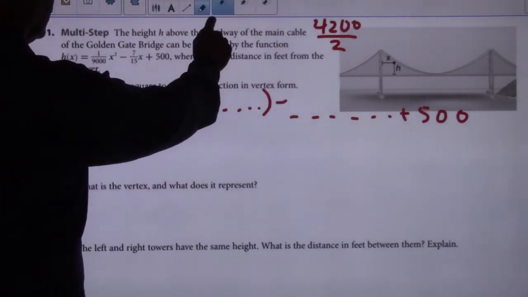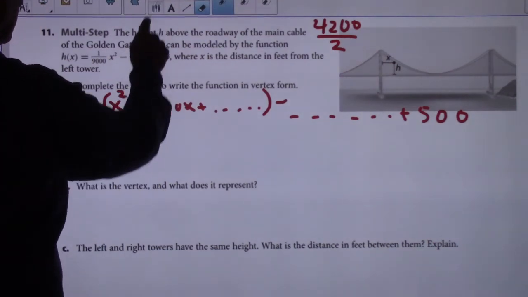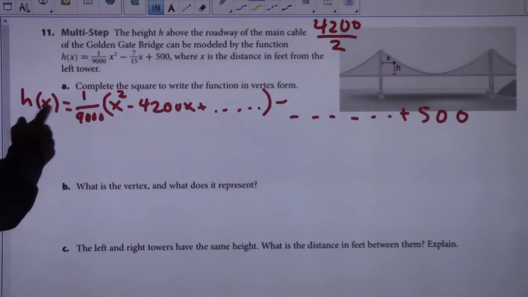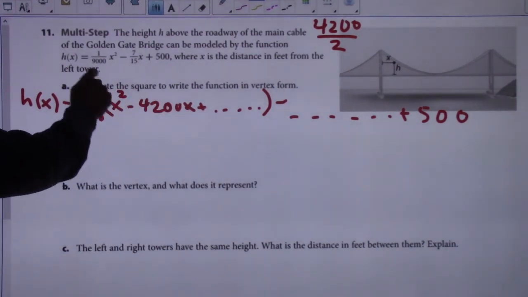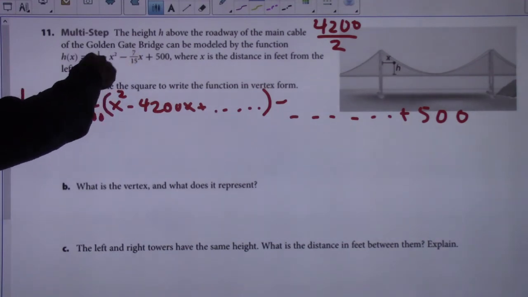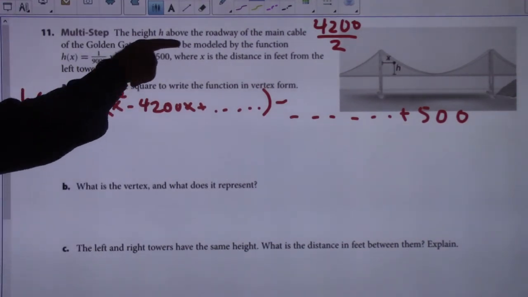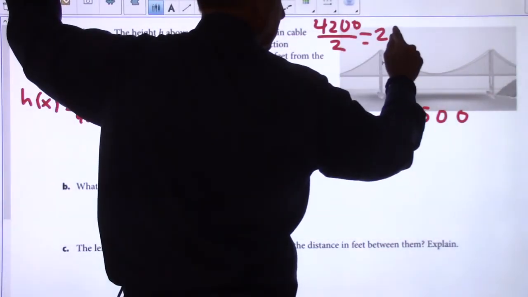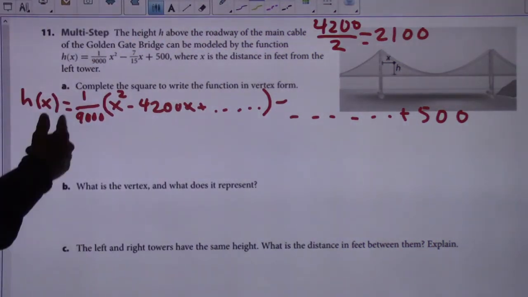Yes, so let's make this minus. So you don't have to put 9,000 into 4,200, because 1/9,000 of that is where you get 7/15. It's factored out. So what is half of 4,200? 2,100, right?